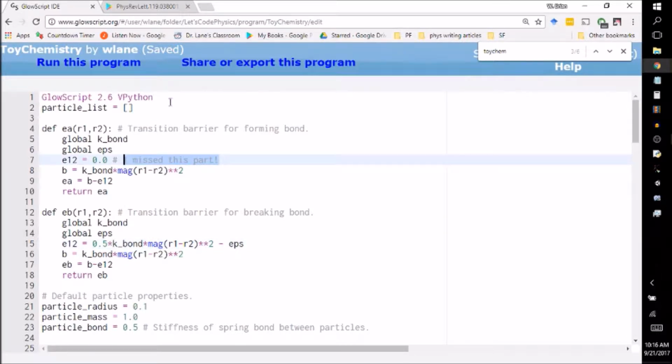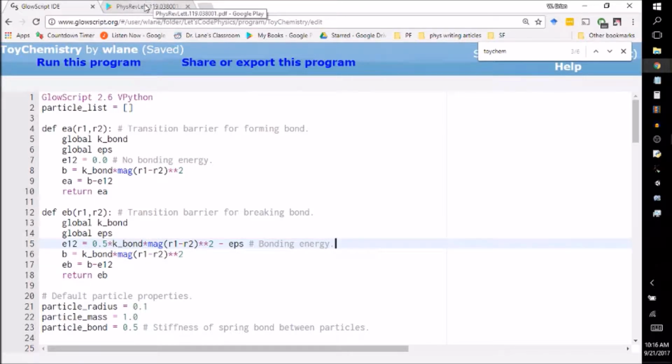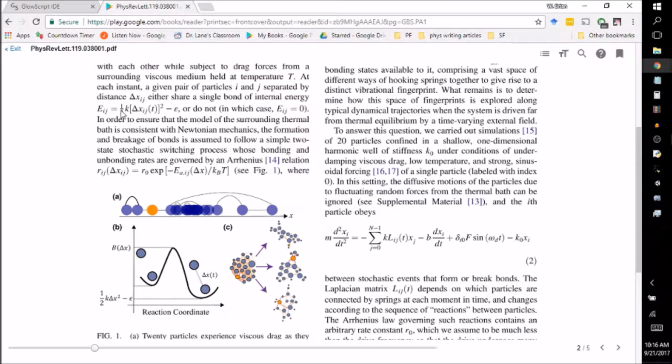So this is no bonding energy, and this is now the bonding energy, right? Because if I'm going to form a bond, I need to have no bond initially. If I'm going to break a bond, I need to have a bond initially, right? So I believe that's what I've got here, 1/2 K delta x squared minus epsilon, 1/2 K delta x squared minus epsilon.